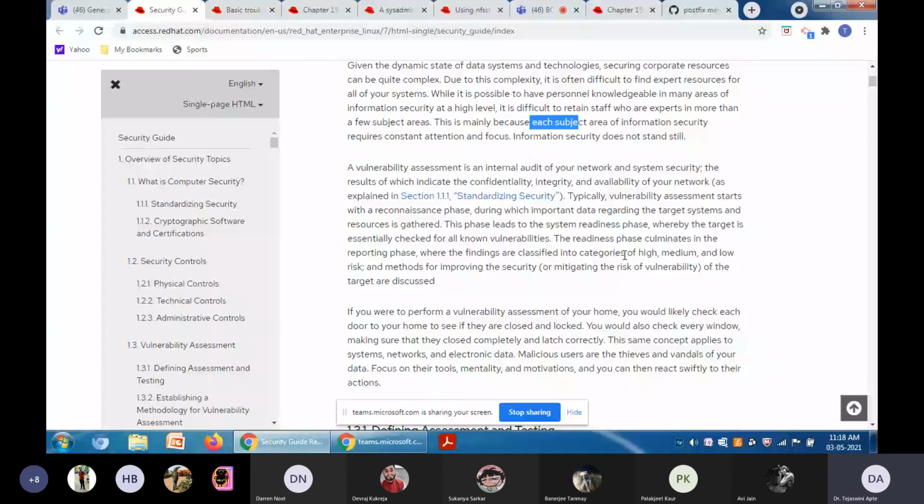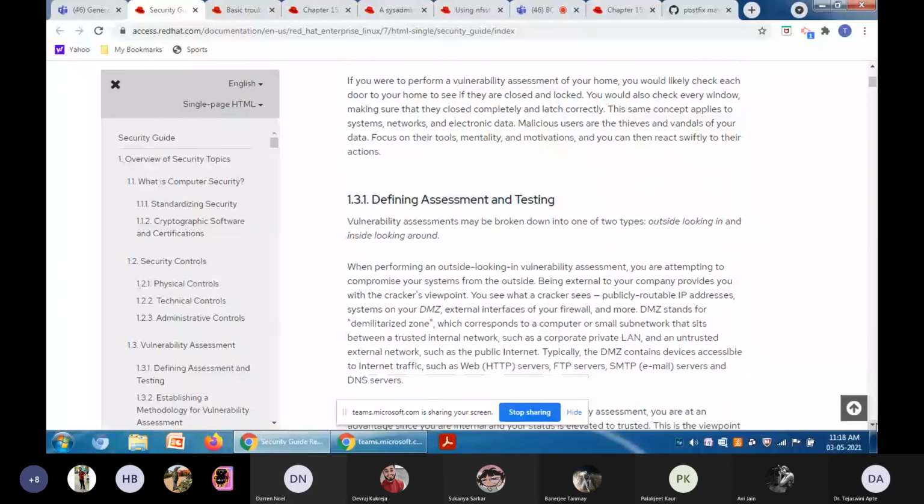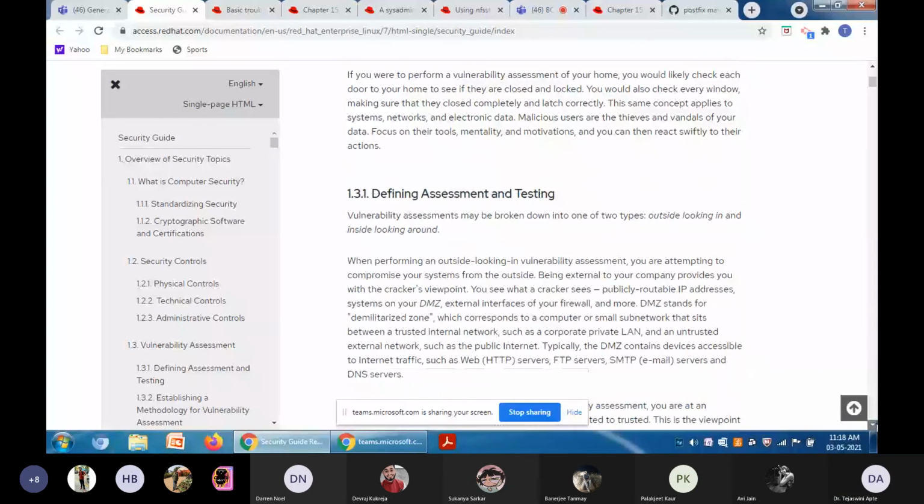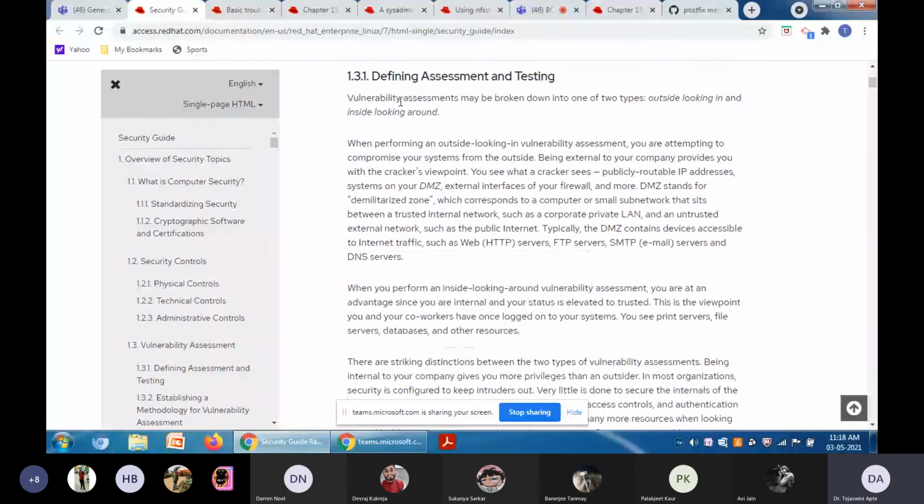And dear students, vulnerability assessment for any network is divided into outside looking in and inside looking around. Right?